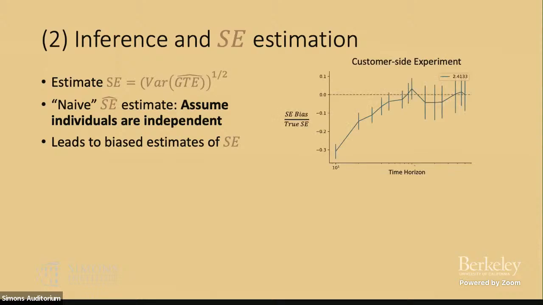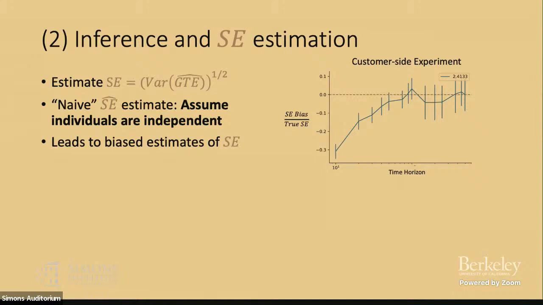And here, this is a plot from our simulation showing what would happen in a marketplace. What does the bias look like as a function of, on the x-axis, the time horizon of the experiment. These are calibrated simulations to some real two-sided marketplaces.